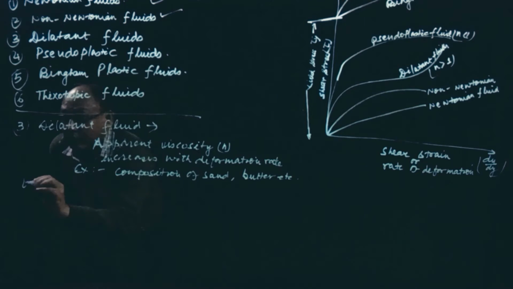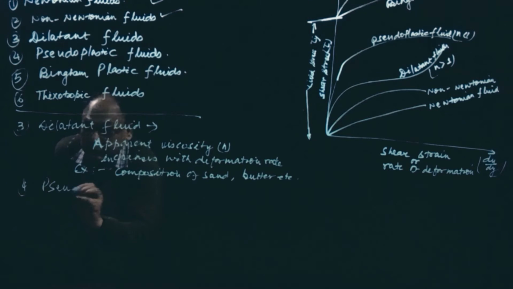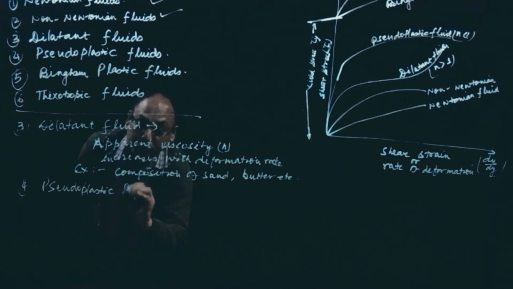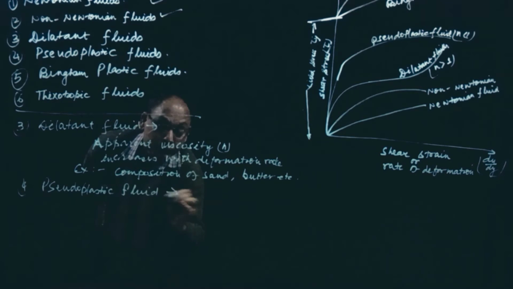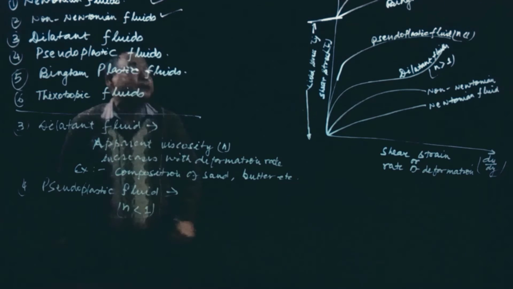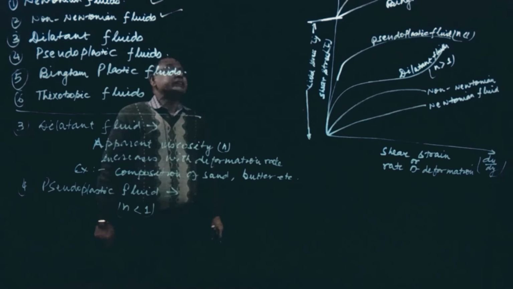Now, number four, pseudoplastic fluid. In this fluid, n is less than 1, that is, apparent viscosity decreases with the increasing deformation rate.